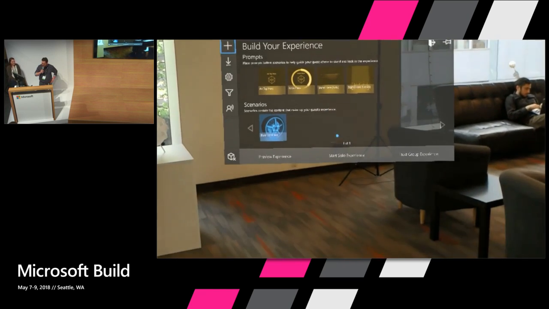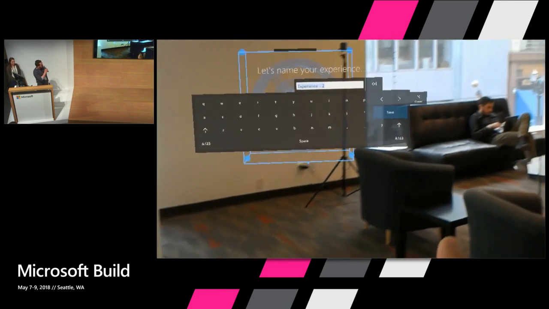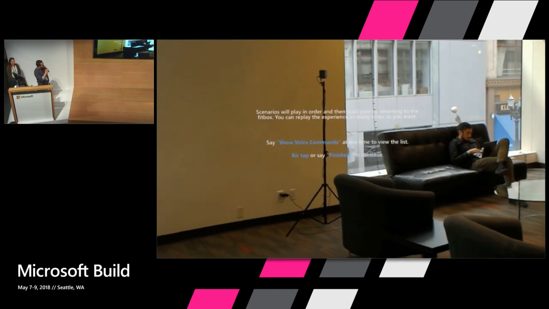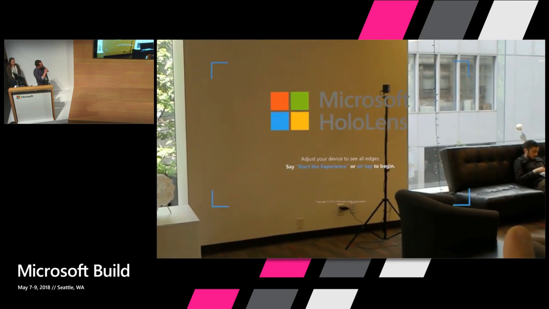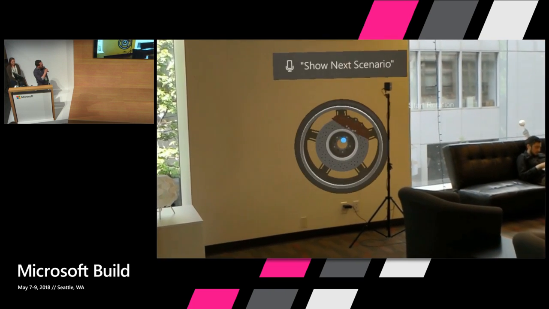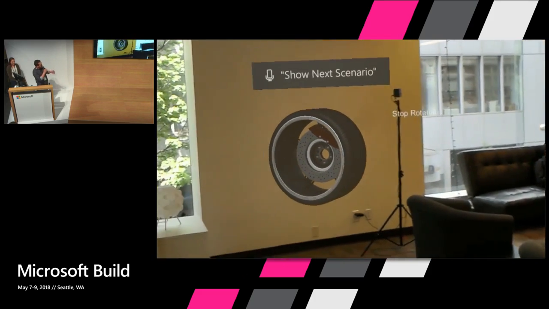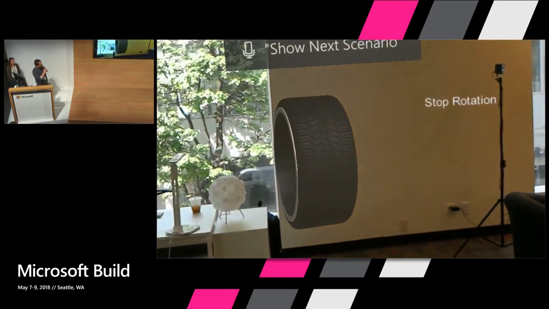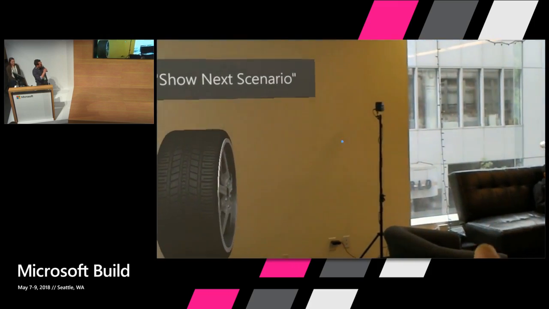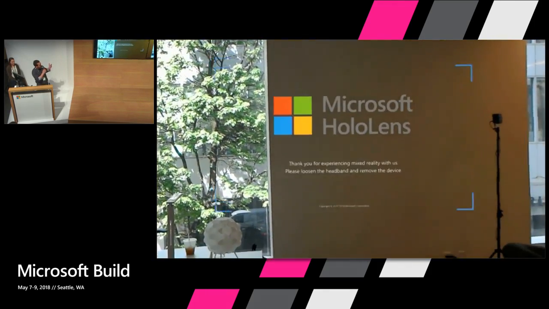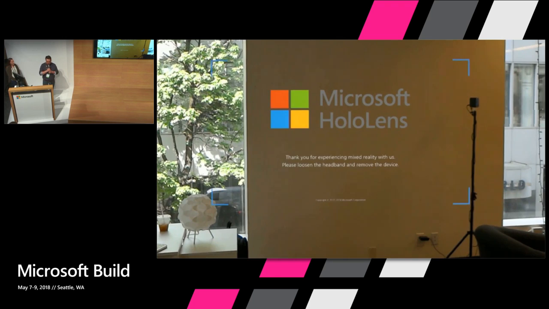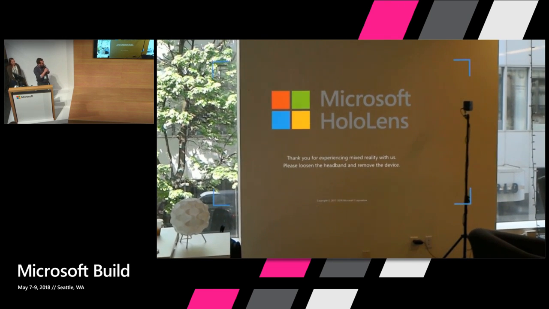Right about now, I can start the experience, save my layout, and here comes that content. I can hit that start rotation button. There's some animation now. I can hit stop rotation. And that was it. That took a grand total of about 10 minutes to actually get it on the portal.